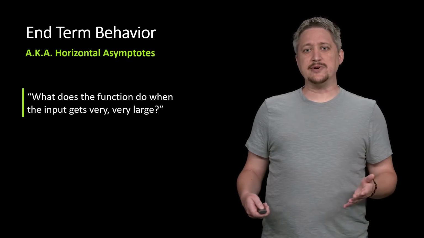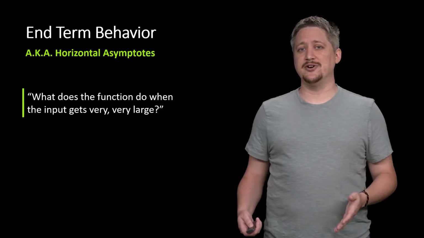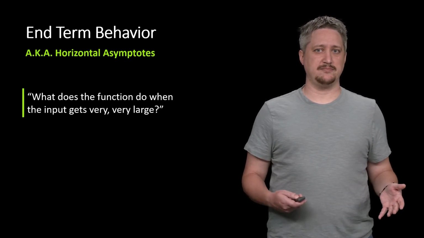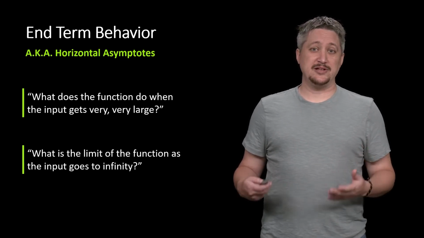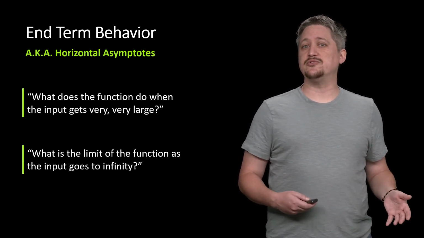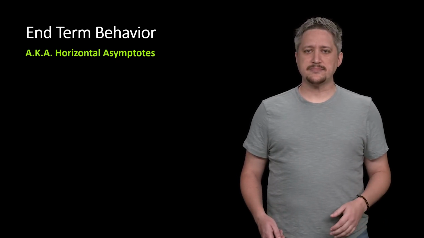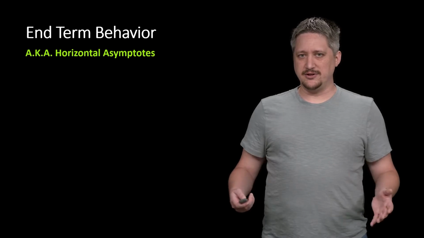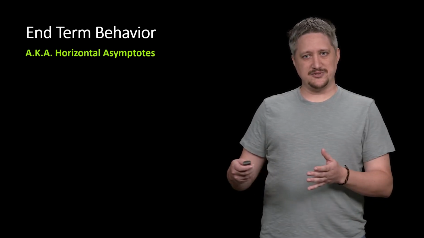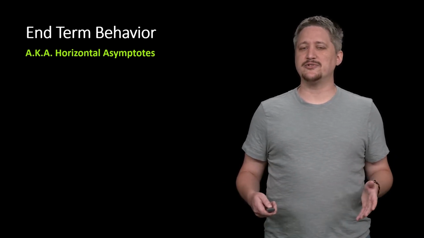So we can actually reframe this question now in terms of our limits mechanics. So really what this question is asking is, what is the limit of the function as the input goes to infinity, okay?